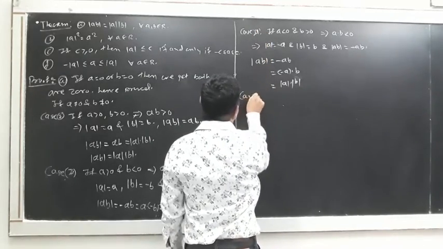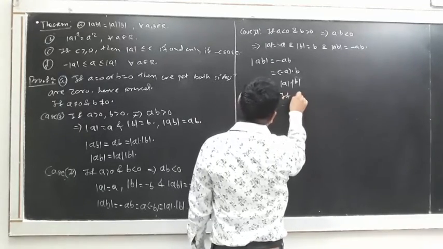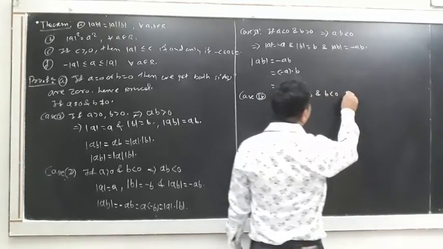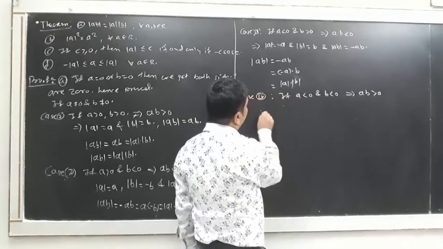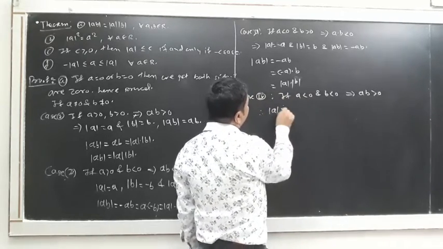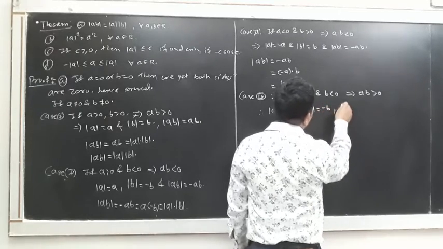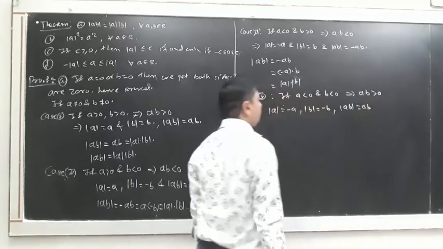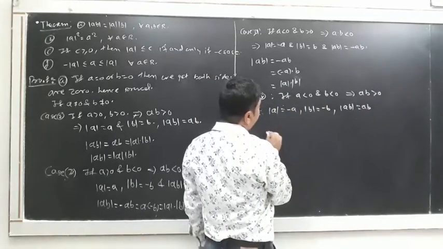Now case 4, that is both are negative. If A is less than 0 and B is less than 0, then what about the product? The product is positive. Therefore, the absolute value of A is minus A, the absolute value of B is minus B, and the absolute value of AB is AB. So what can we say?